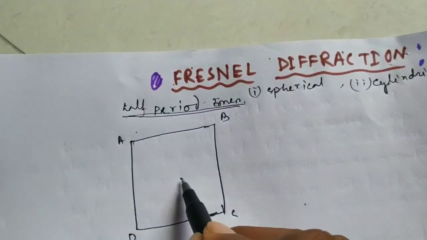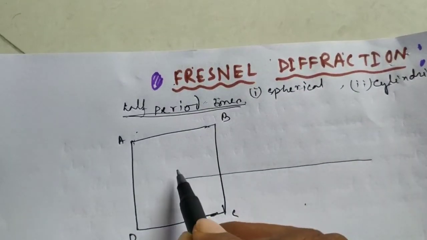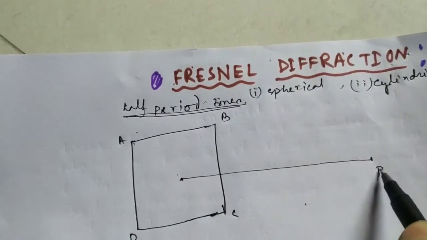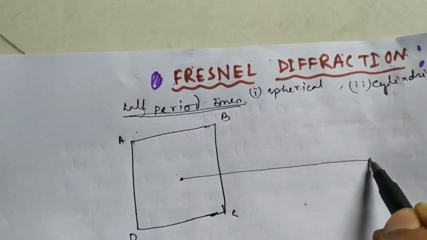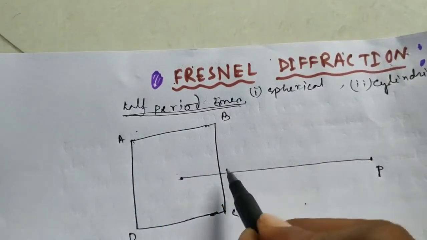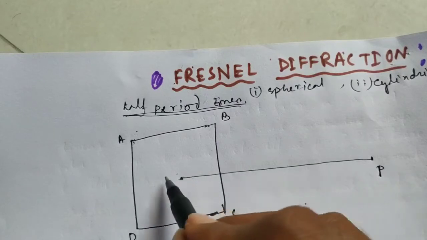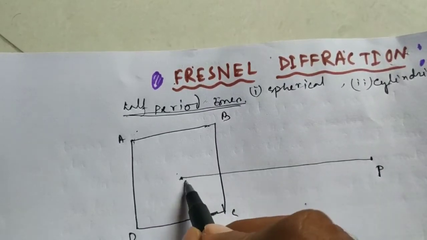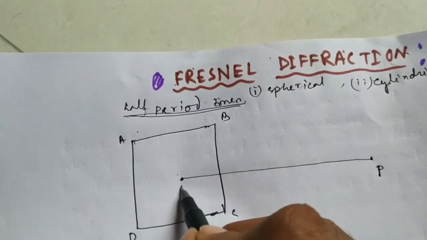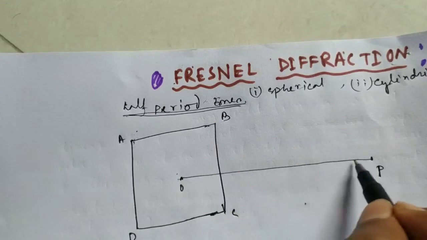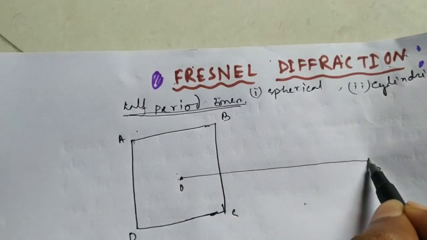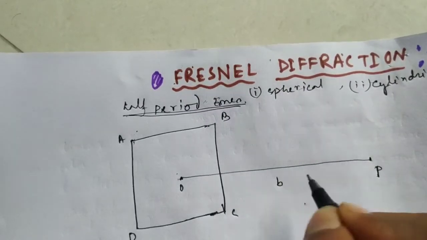Now from the wavefront, at point P, where we measure the intensity, the amplitude of the light comes from this wavefront. The distance between the center of the wavefront O and the point P is b.